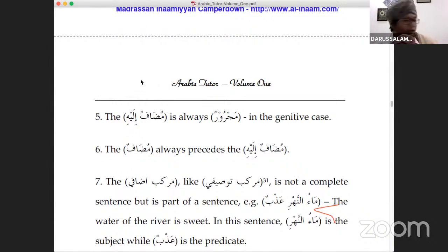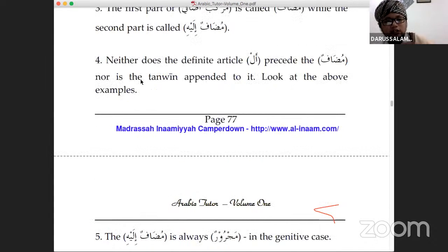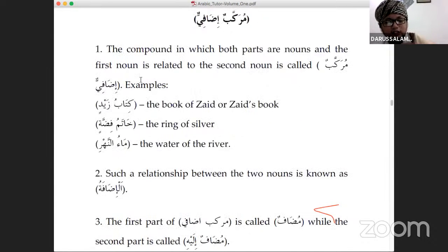Baris bawah. Okay, the mudaf ilaih must always be majrur. Itu baris bawah, nampak? Look here. Kitabu Zaidin, baris bawah. Khatamu fiddatin, baris bawah. Okay. Ma'un nahri, baris bawah. See? Kasrah. You understand?